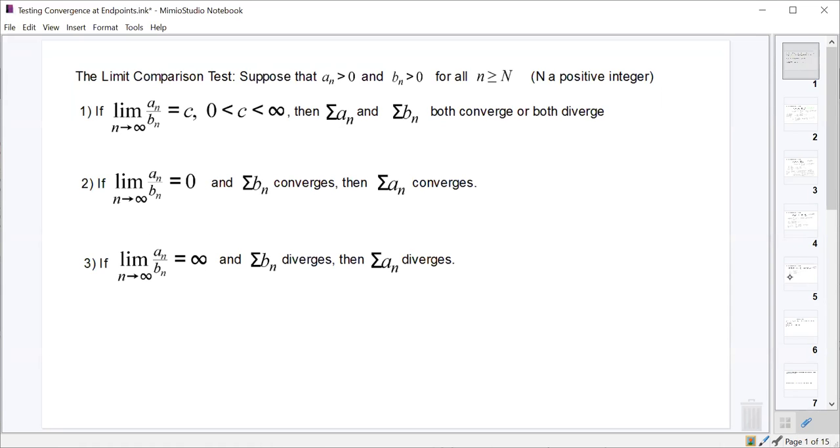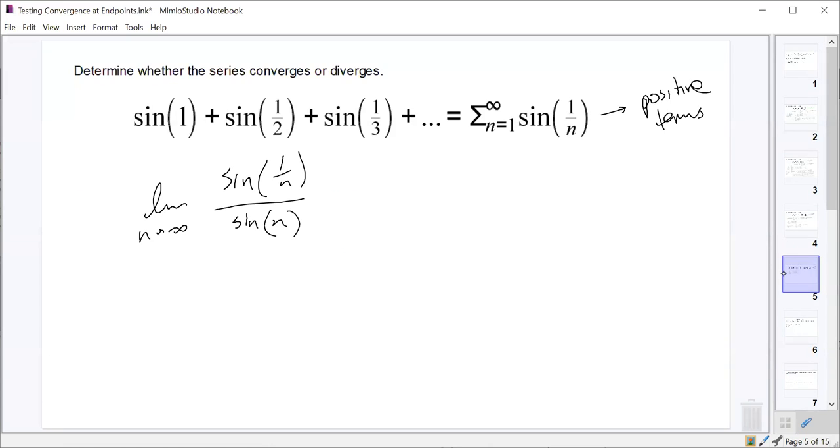So that's an issue to begin with. In addition to that, do we know anything about the series of sine of n? Do we know if that series converges or diverges? I don't think we've talked about that and tried to figure that out. So this is not even a series that we know anything about.